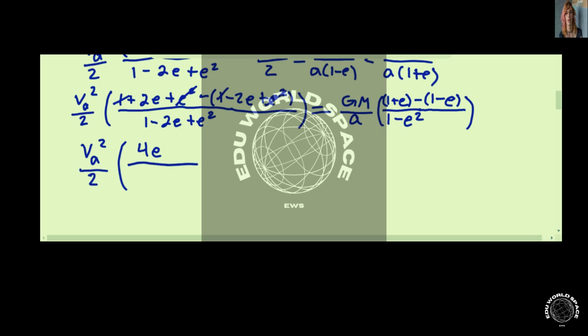So 4E over 1 minus 2E plus E squared, which is equivalent to 1 minus E quantity squared, equals GM over A times 1 minus 1 cancels. E minus negative E is 2E over 1 minus E squared.